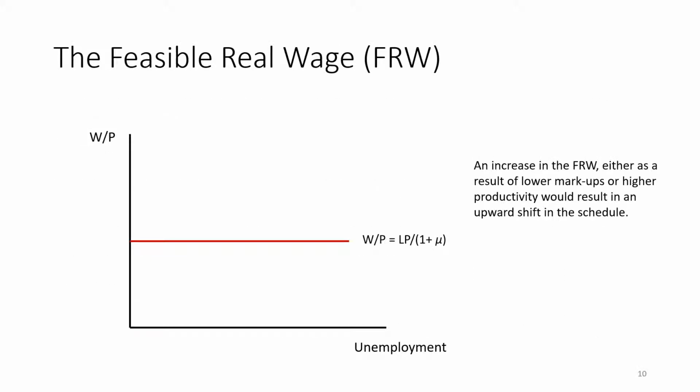When we plot this, the level of the feasible real wage is independent of the rate of unemployment. The rate of unemployment has no effect upon this feasible real wage level. The only two things that matter are the level of labour productivity and the amount of competition given by the markup parameter mu.